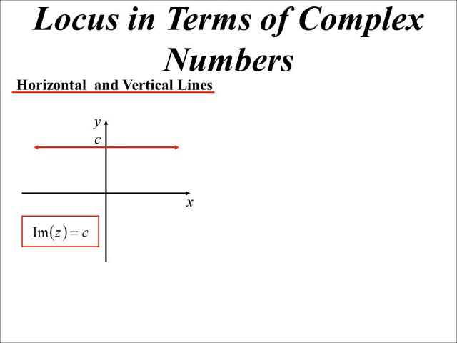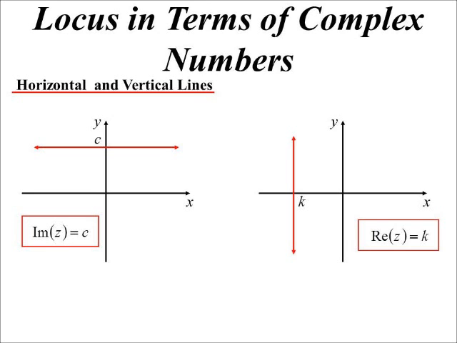Well, what they have in common is that their imaginary part is always c. So it's another way of naming our line, but instead of thinking of it as a number plane, we're thinking of it as an Argand diagram. Yes, it's the line y equals c, but in terms of complex numbers, it's the line where the imaginary part of z is always c. Because the imaginary part was y, so y equals c.